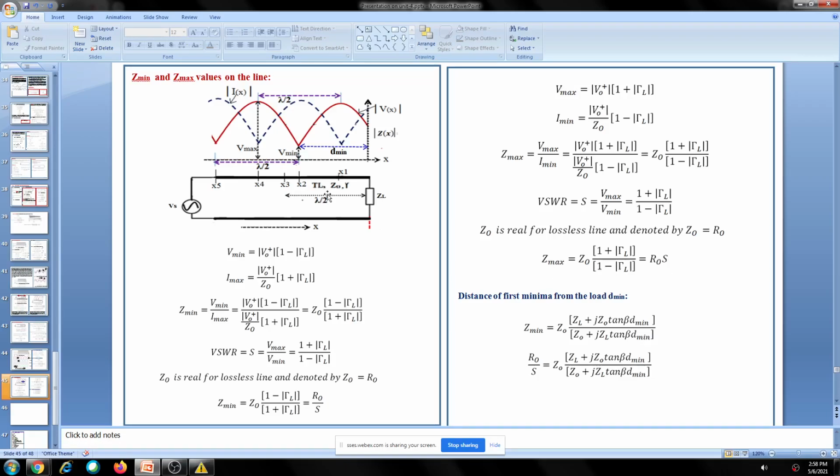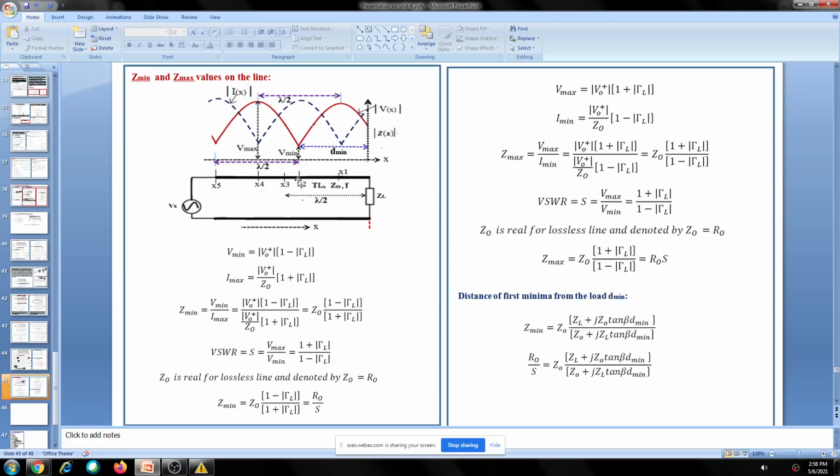So you can find out what is the maximum value on the transmission line, what is the minimum value. On the transmission line the impedance changes. It becomes maximum at the maximum position. You can find out the maximum impedance here, that is R naught into S. And as you move, voltage decreases, impedance also decreases and it becomes minimum at the minima position, x2 position.